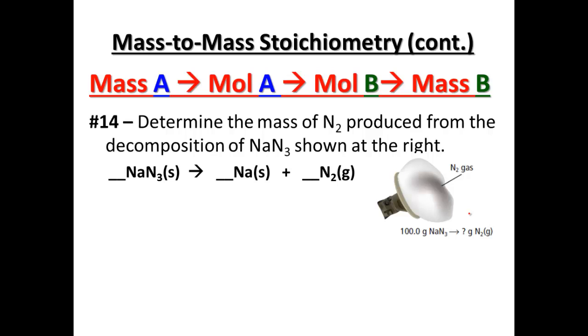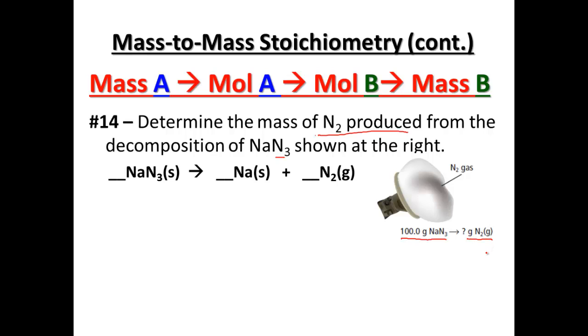Airbags: sodium azide, NaN3, is going to be decomposed to produce sodium and nitrogen gas during a chemical reaction. So what we're going to do is determine the mass of N2 produced from the decomposition of NaN3 shown to the right. Our first step is we've got 100 grams of NaN3.